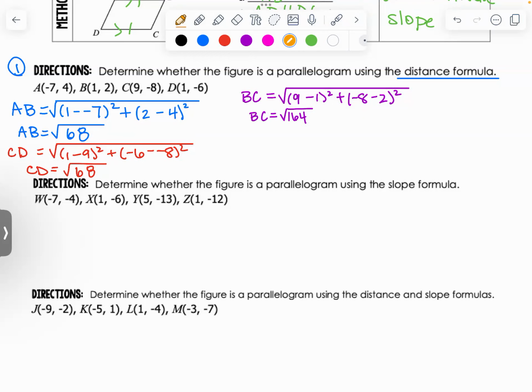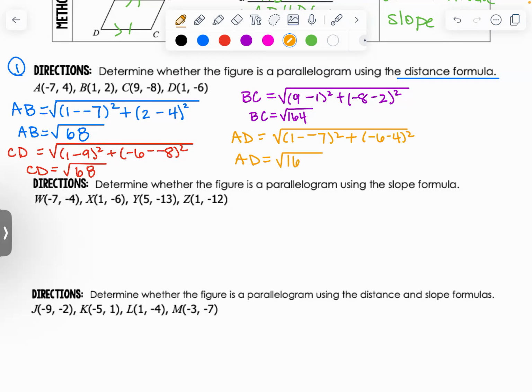All right, what's the last side we need to find the distance? AD. Okay, so AD, we're gonna take 1 minus -7 squared, and we're gonna take -6 minus 4 squared. Do we get 64 plus 100 again?